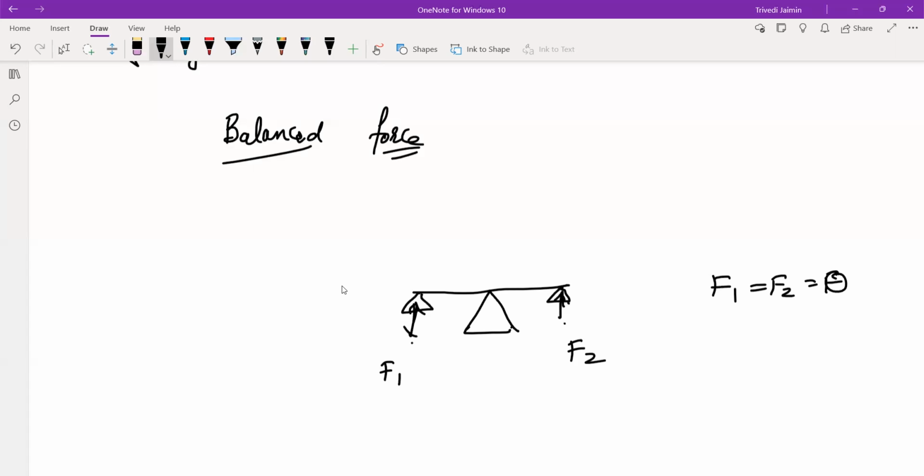How to know this? As you said, if resultant equals 0, the wall did not move an inch, not even a centimeter, right? When the resultant of applied force equals 0. I'm pushing the wall, but the wall did not move.